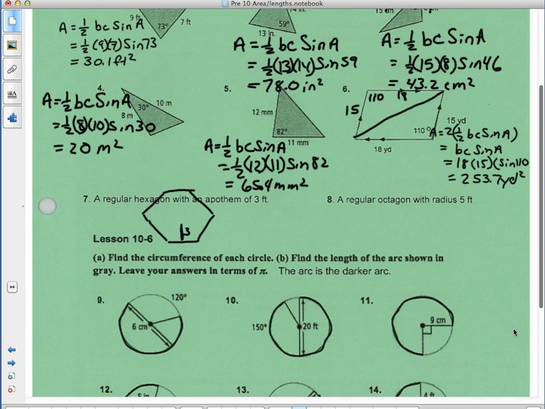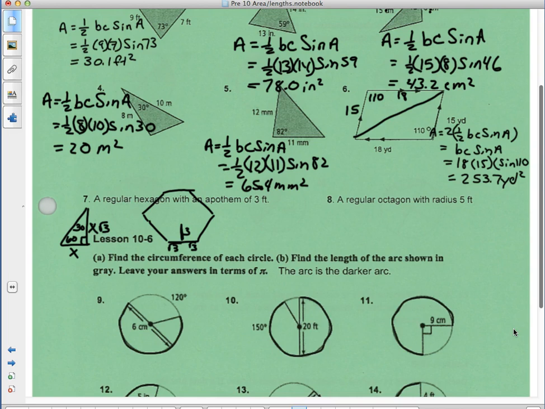My apothem is 3. Well, if that's 3, then this is the square root of 3, and this is the square root of 3 because it's coming from that 30, 60, 90 triangle. Remember that this is 30, this is 60 and 90, and this is x, x the square root of 3, and this is x. Well, if that's 3, x had to be the square root of 3.